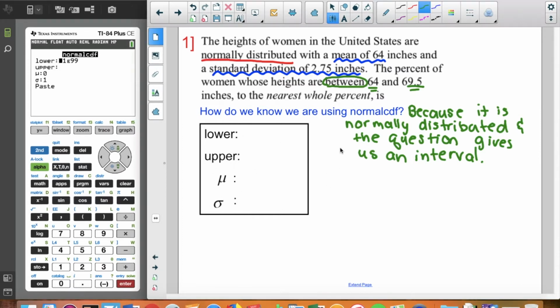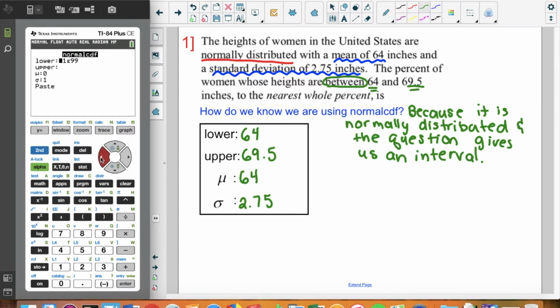So before we type it in, let's identify it here. The lower part of our interval is 64. The upper part of our interval is 69.5. Our mean is 64, and our standard deviation is 2.75. Okay, let's put that information in the calculator.